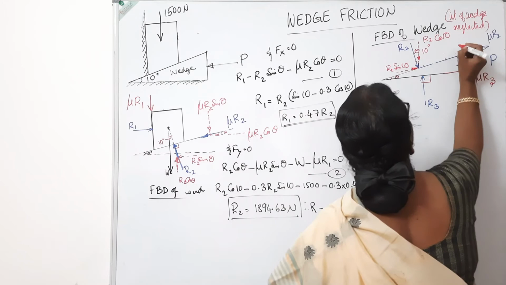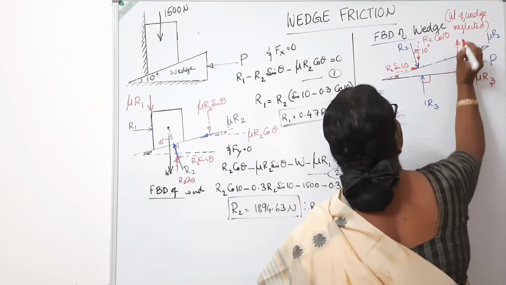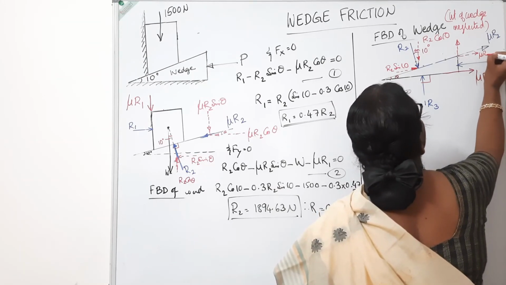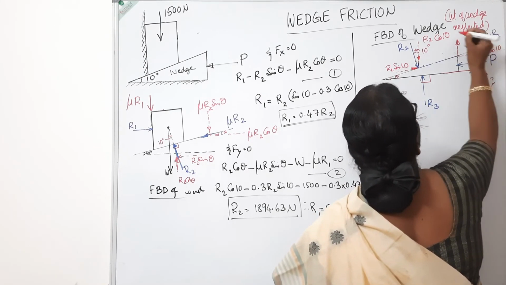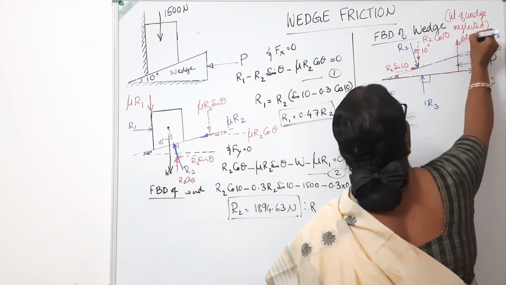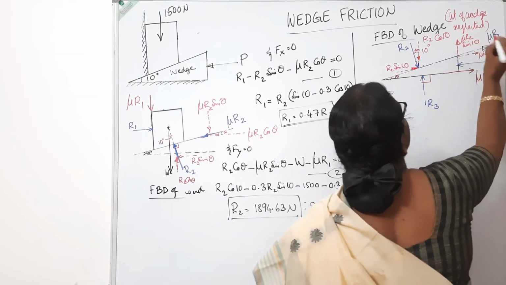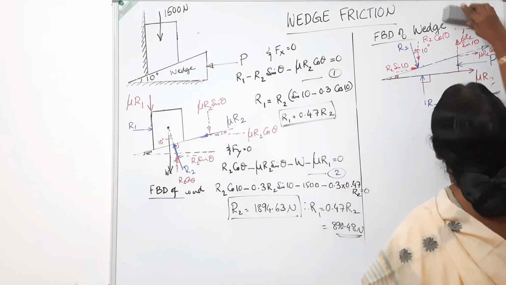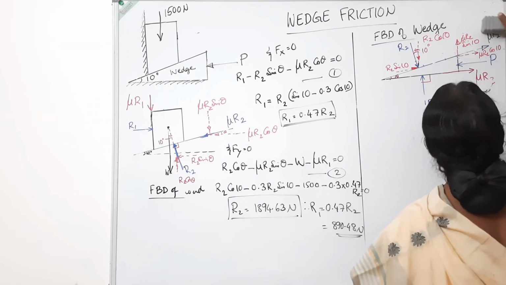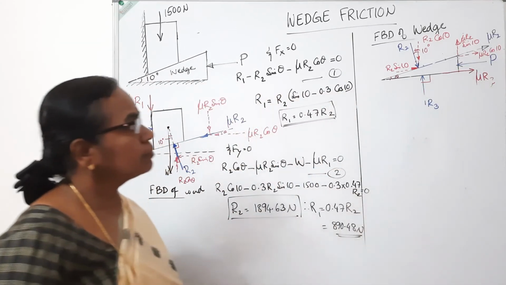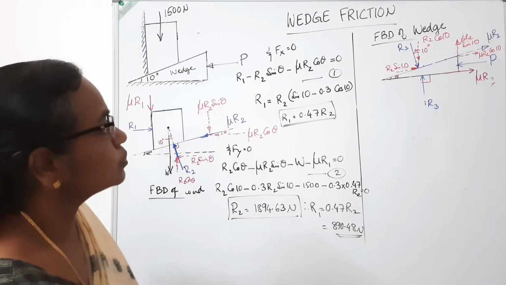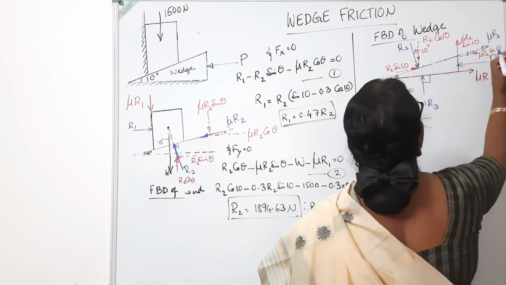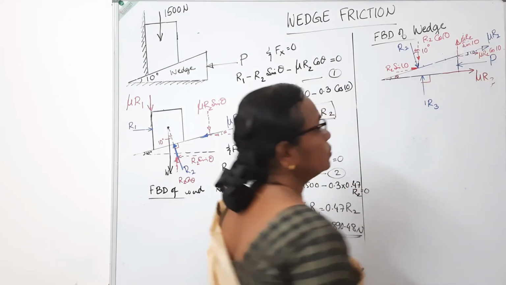So this will be mu R2 cos 10 and this will be mu R2 sin 10. Since the angle is the same as the plane, the components are mu R2 cos 10 and mu R2 sin 10.